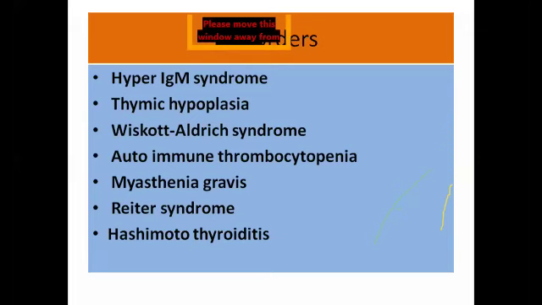Is it clear, ma'am? This autoimmune thrombocytopenia means our own immune system will attack our own platelets in our body. Mistakenly it attacks our platelets.